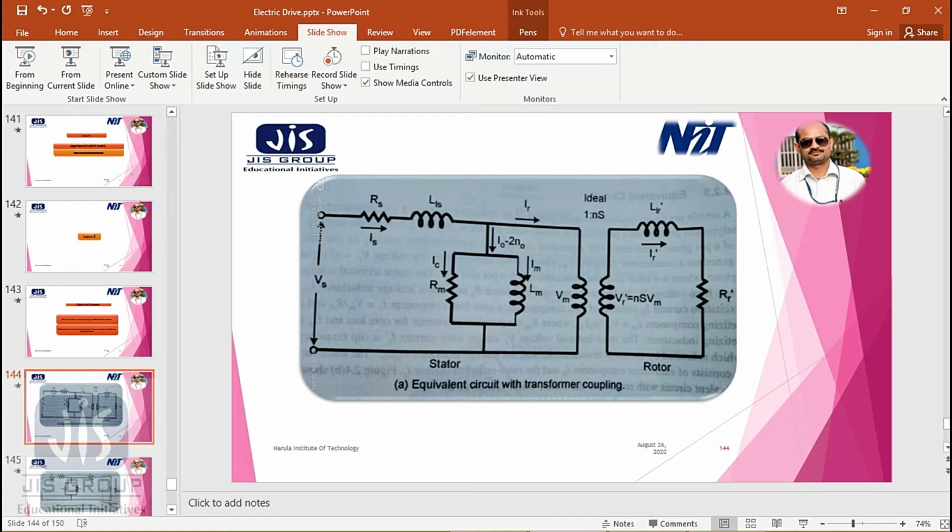Because we know from the basic concept of our induction motor that the working principle is totally standing on the relative speed difference between the stator and the synchronously rotating magnetic field inside, and that difference, you can say it is omega E, or you can say it is ns.